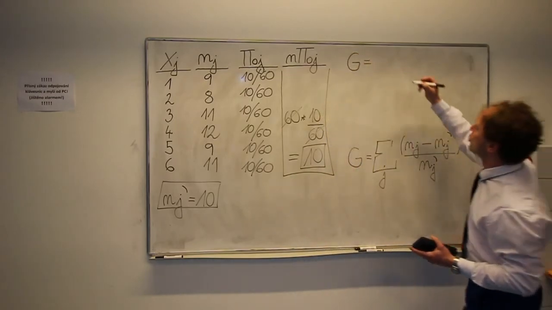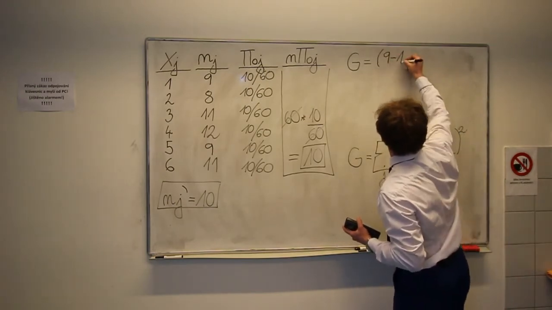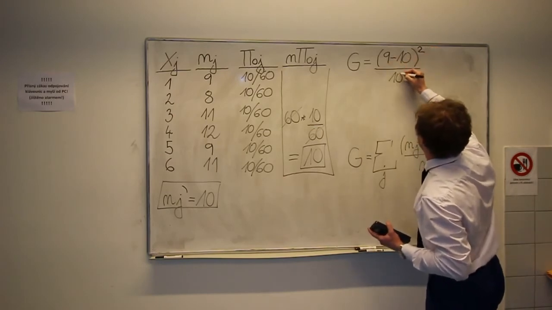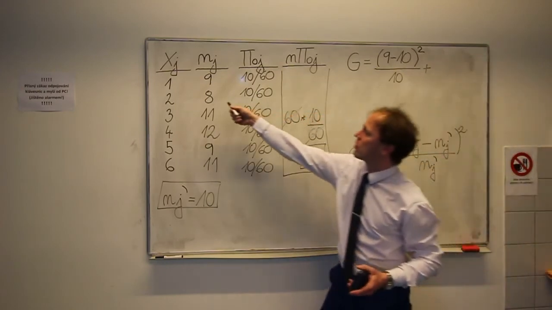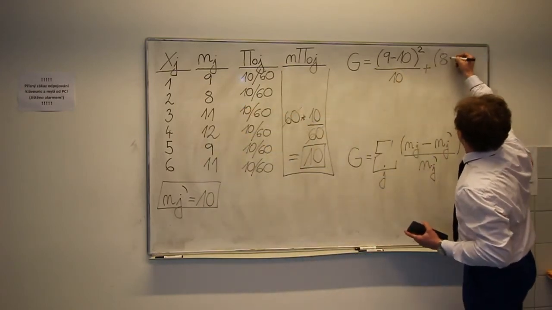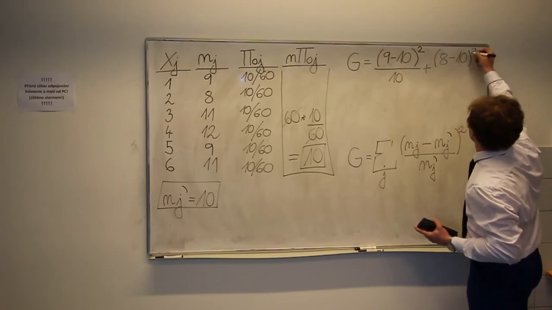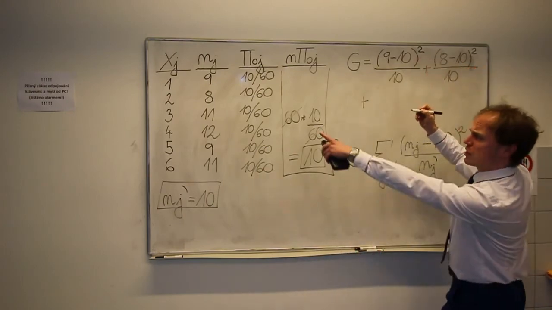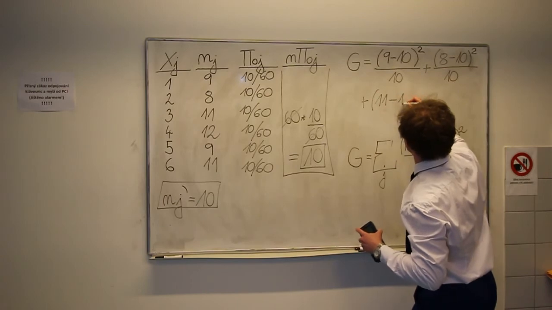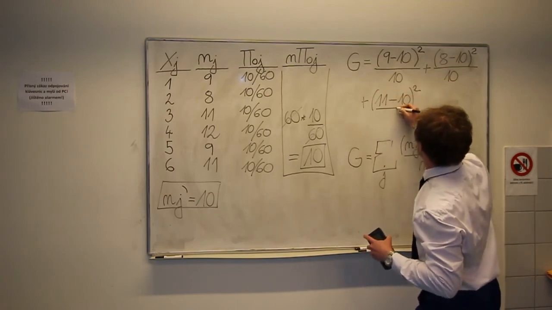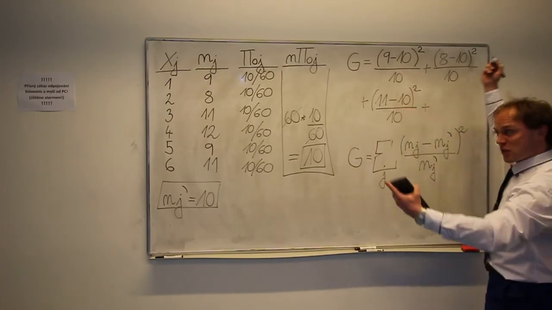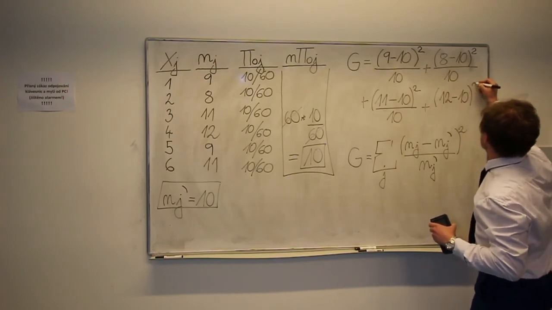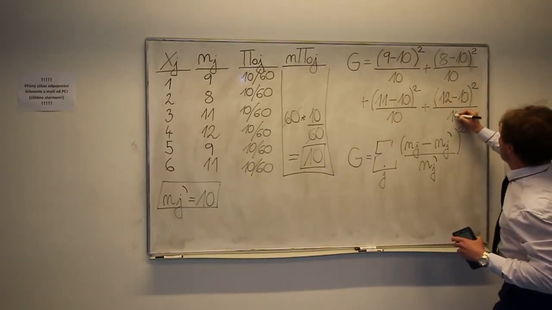G is equal to 9 minus 10, squared, divided by 10, plus, and we can continue, 8 minus 10, squared, divided by 10, plus 11 minus 10, squared, divided by 10, plus, and another case, 12 minus 10, squared, divided by 10.